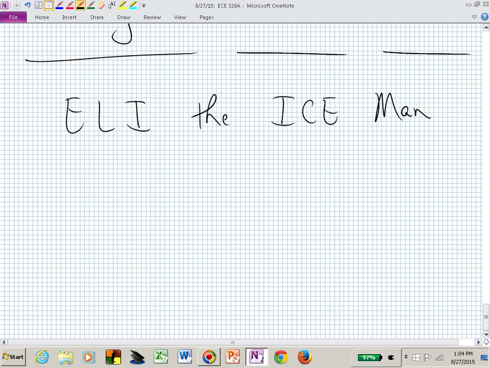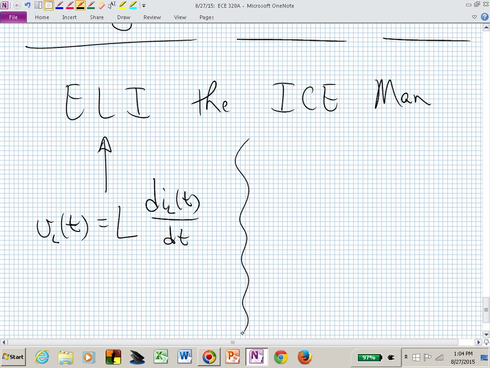Meaning, this Eli, you could say, oh, the voltage of my inductor, V sub L of t, is equal to L di sub L dt. And the current of my capacitor is C dV sub C dt.